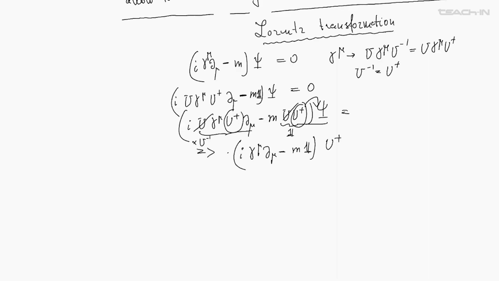And then, in fact, what you see is that you return back to the original form of the Dirac equation, where you perform on your wave function psi a unitary transformation with the matrix U. So it's like new psi prime, where psi prime is just U dagger psi. And unitary transformations are allowed. This is a wave function.